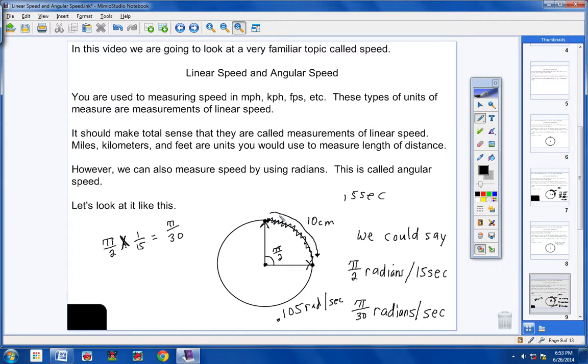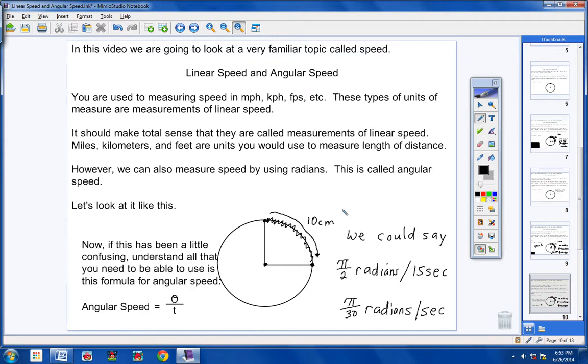So look at the difference, students. One speed was measured with the distance over the time. The other one was measured with the angle over the time. Now, here's the good news. If this has been a little confusing, all that you need to be able to use is this formula right here, and you'll be fine.